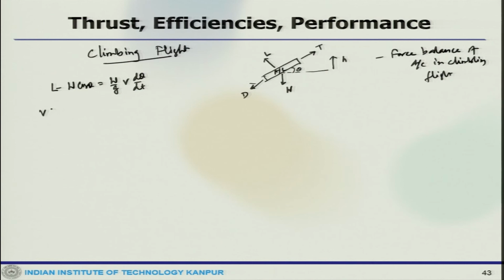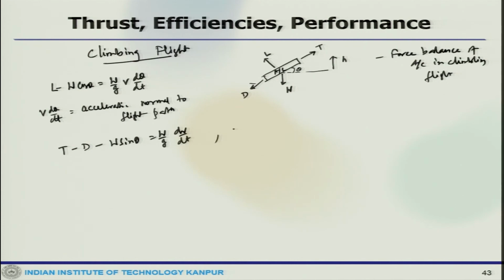where V d theta by dt is the acceleration normal to flight path, and T minus D minus W sin theta is W by g dV by dt, where dV by dt is the acceleration tangent to flight path.